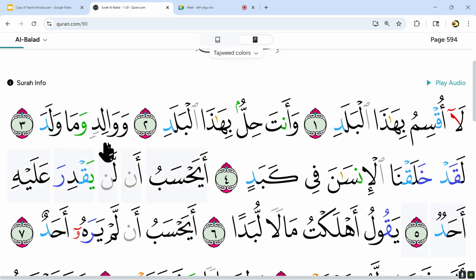Try this one. ووالد وما ولد. How come we didn't say wa walid? Because of the wow right there. The wow combines with the noon, so it changes.